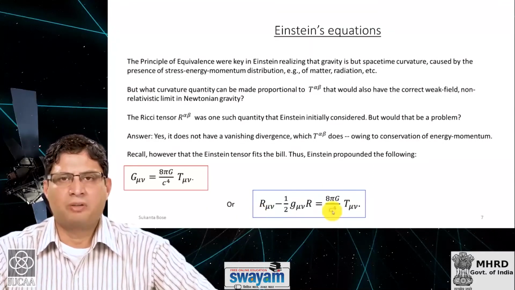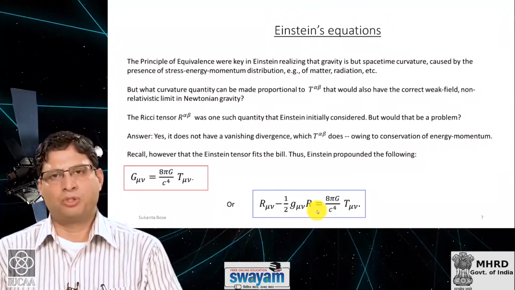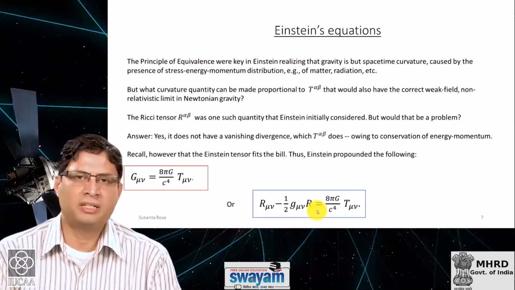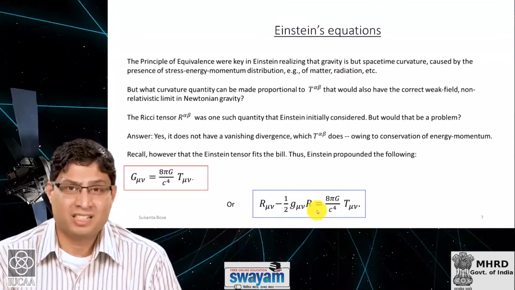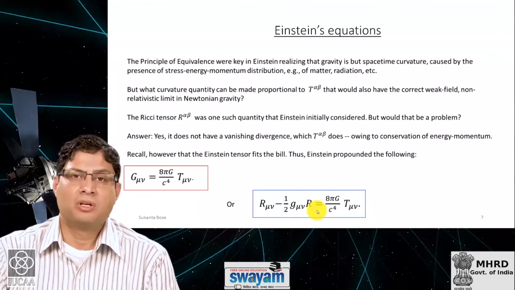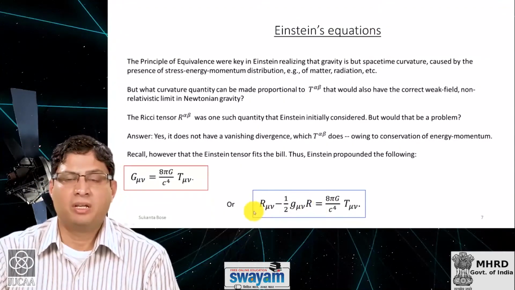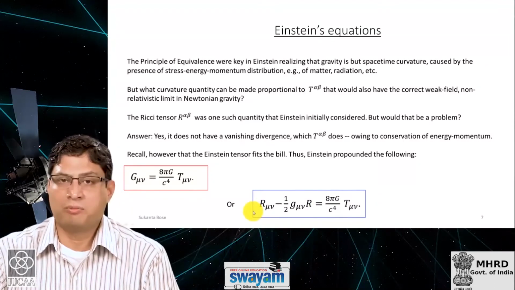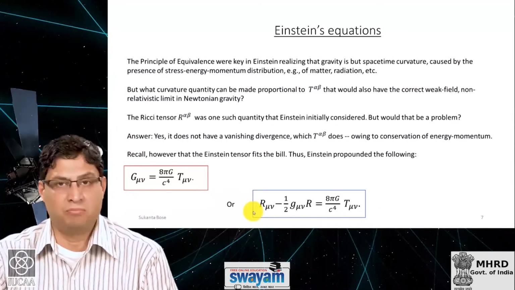So for a prescription for how to solve these equations to find how the space-time is around your object of interest, you go back to saying, okay, you have some space-time. It could be spherically symmetric or it could be not spherically symmetric.